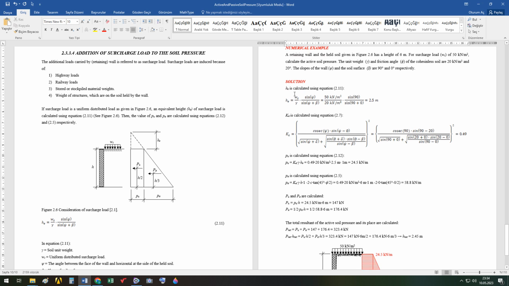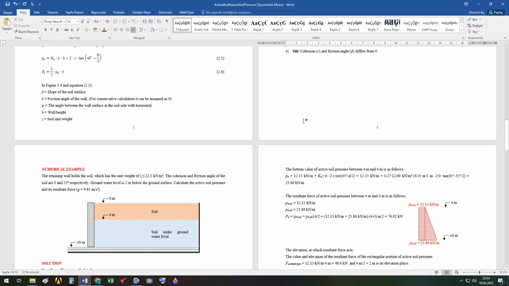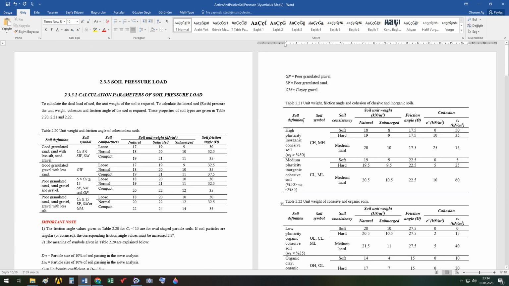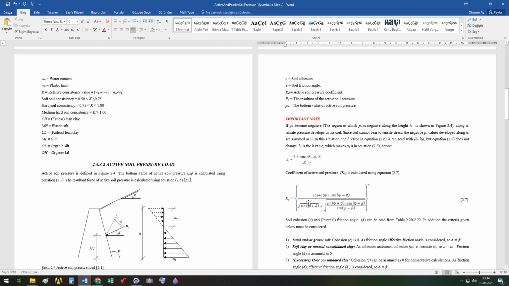So first of all, He is calculated, the equivalent height for the surcharge load by means of this formula, and it's calculated as 0.5 meters. Then Ka is calculated, again using 2.7, the same active pressure coefficient formula.